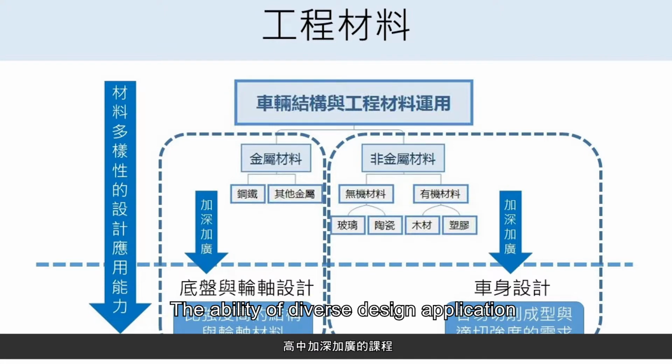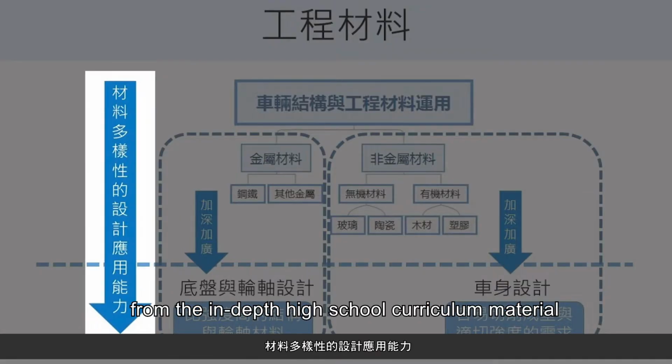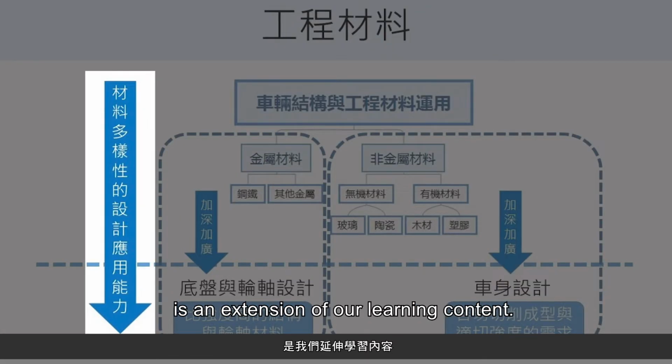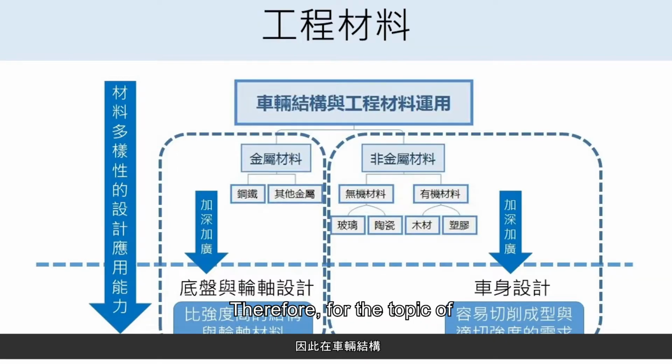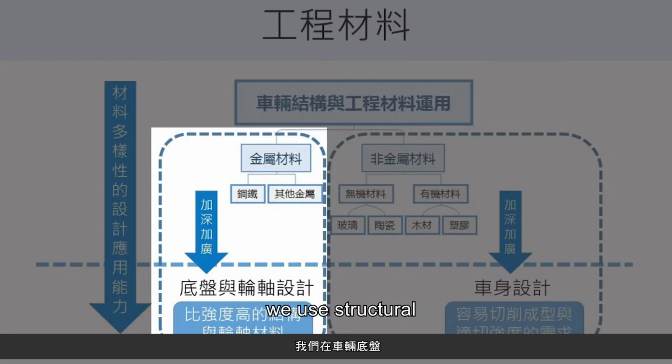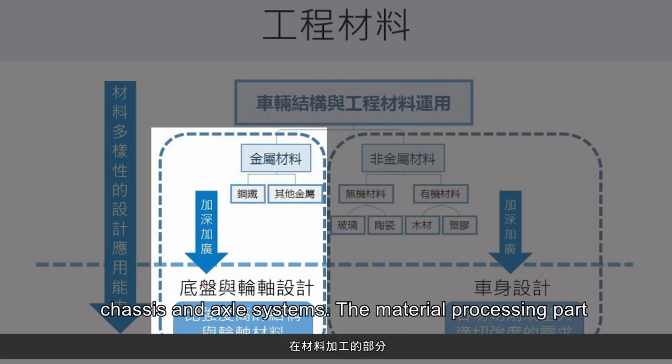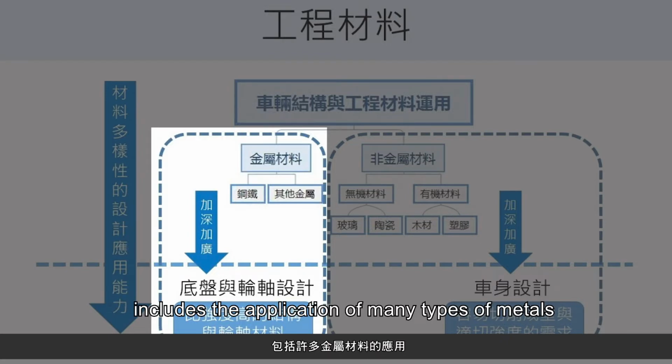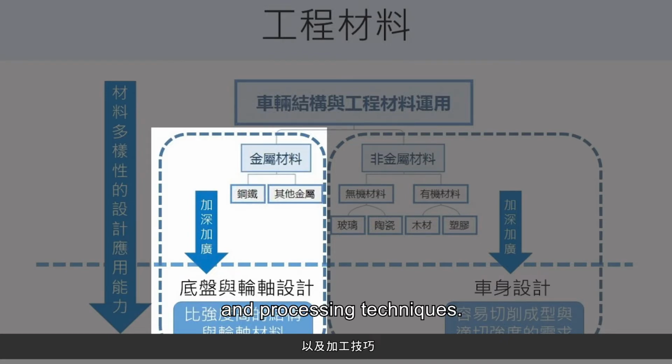The ability of diverse design application from the in-depth high school curriculum material is an extension of our learning content. Therefore, for the topic of vehicle structure and engineering material application, we use structural design materials with higher strength in the design of our vehicles, chassis, and axle systems. The material processing part includes the application of many types of metals and processing techniques.